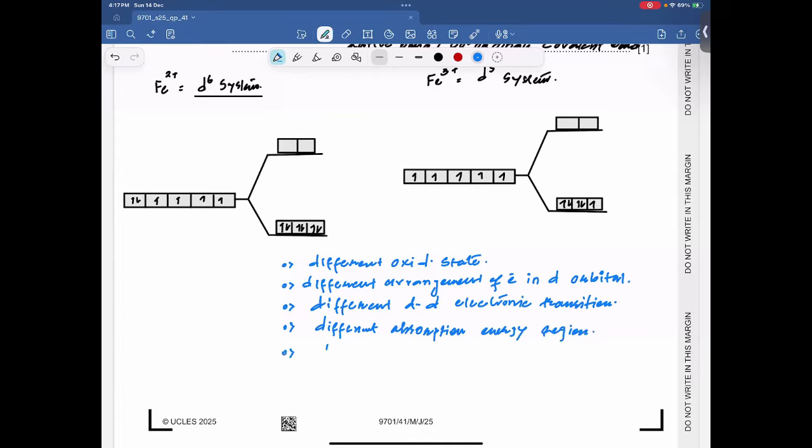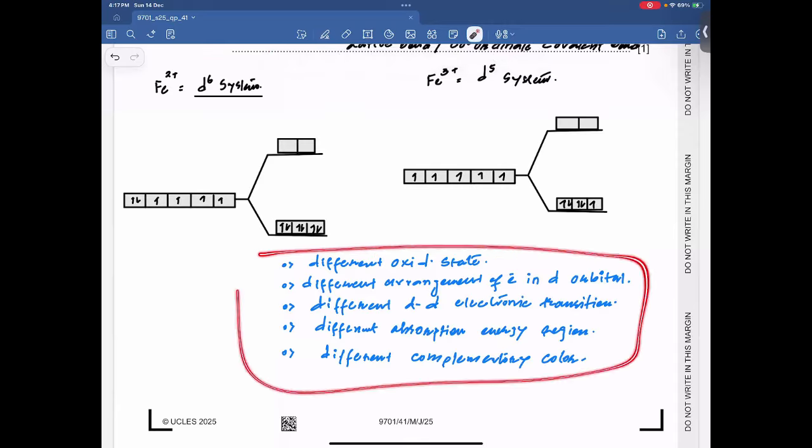And different complementary color. So that's an alternate explanation for that particular part.